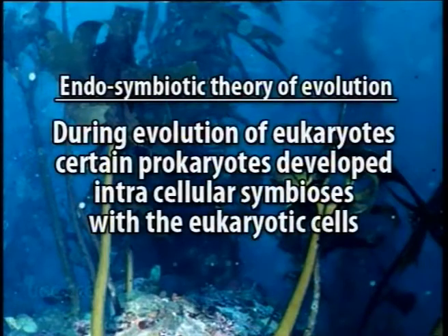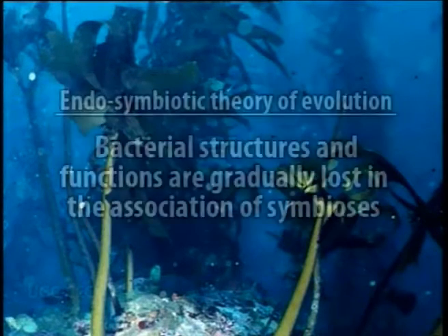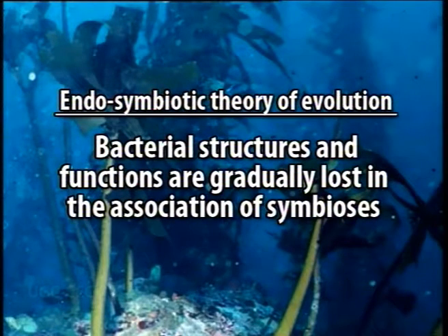And this endosymbiotic theory of evolution states that during evolution of eukaryotes, certain prokaryotes, I mean pre-mitochondria and pre-chloroplast type organisms, developed intracellular symbioses with the eukaryotic cells. And with the passage of time, in the partners of this association, the bacterial structures and functions were gradually lost.